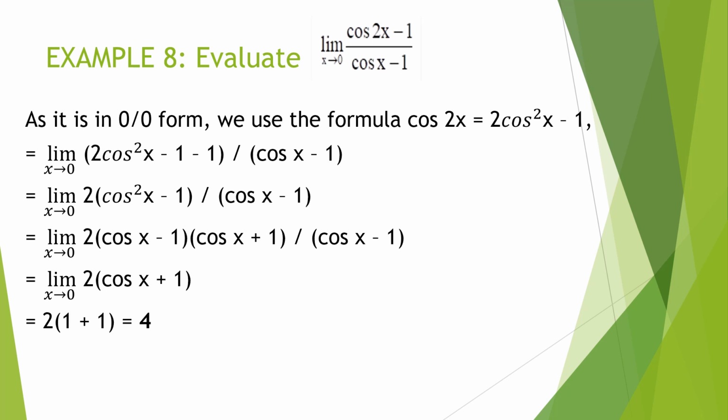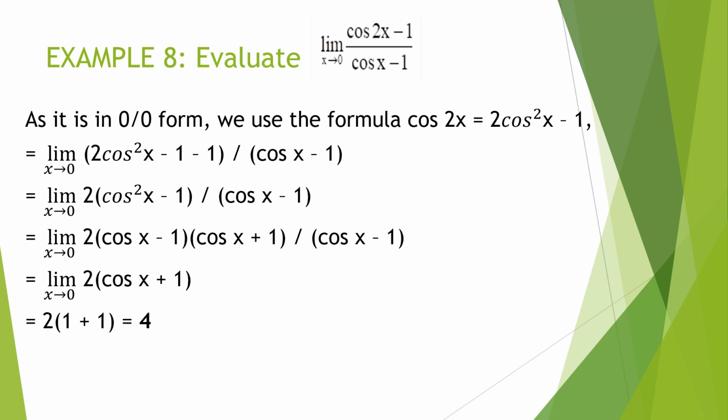Now since the denominator is in the form of cos x, let us convert cos 2x in the form of cos x. So we know this trigonometric formula, cos 2x is 2 cos square x minus 1. So limit x tends to 0, 2 cos square x minus 1, the function, upon cos x minus 1. Take out 2 common. So you will get cos square x minus 1, you simplify by a square minus b square rule.